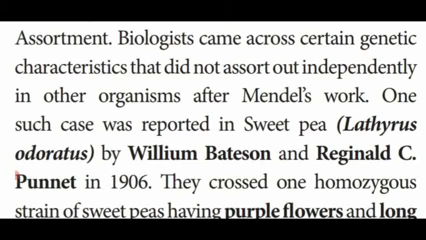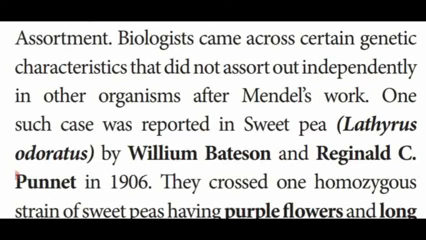Punnett is a geneticist who gave the graphical representation of genotypic and phenotypic ratio in a checkerboard form. That square is called a Punnett square. So Punnett and William Bateson reported that genetic characters do not assort independently in other organisms.